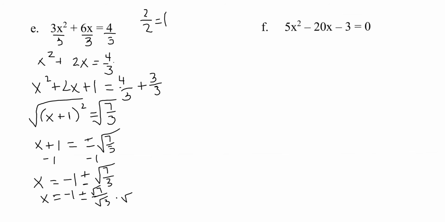So we're going to multiply by the square root of 3. And that will give you a final answer of x equals negative 1 plus or minus the square root of 21 over 3. And from there, we can't do anything else, so that will be my final answer.